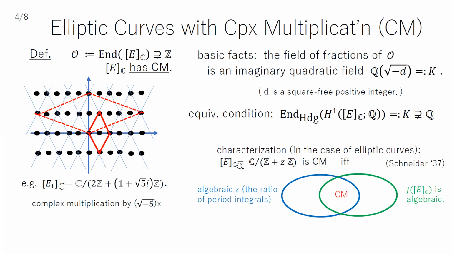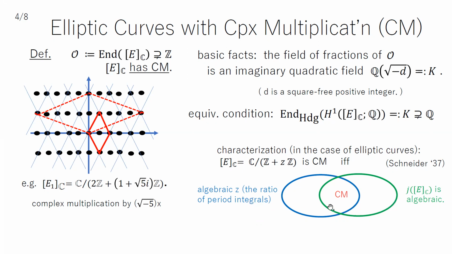And the other characterization of complex multiplication, which is known to be true in the case of elliptic curves, is that the complex structure parameter z, which is also regarded as the ratio of the period integrals, is the root of a quadratic polynomial with integer coefficients. So the ratio of the periods is indeed algebraic.